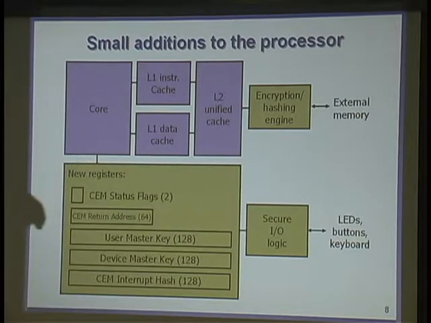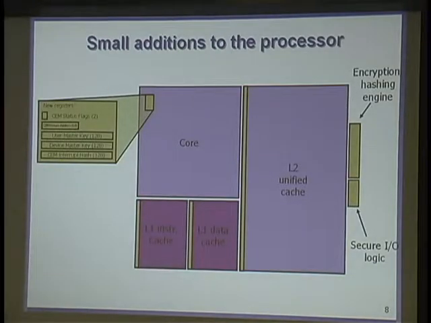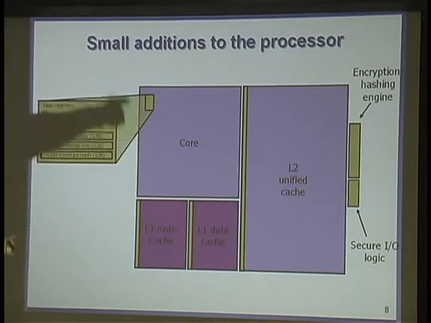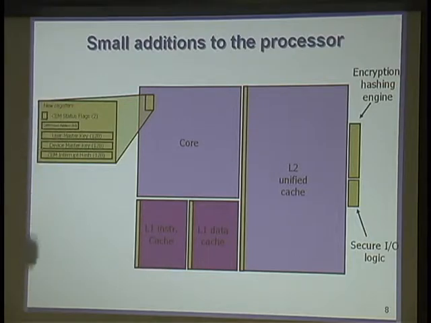Now, this looks like a lot, but if you draw it to scale, and in addition, we add a couple of tags to the cache lines that are on the chip, okay? So if you draw it to scale, really, we're adding a tiny little bit to the core of the processor, which are the 4 registers and 2 flags, and a tiny bit to the peripheral, the bus interface, where with the encryption hashing engine and the secure I/O logic, and a couple of flags to each cache line.